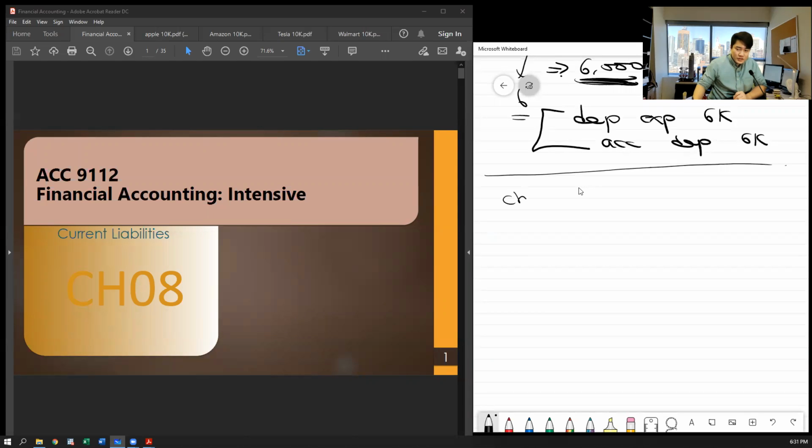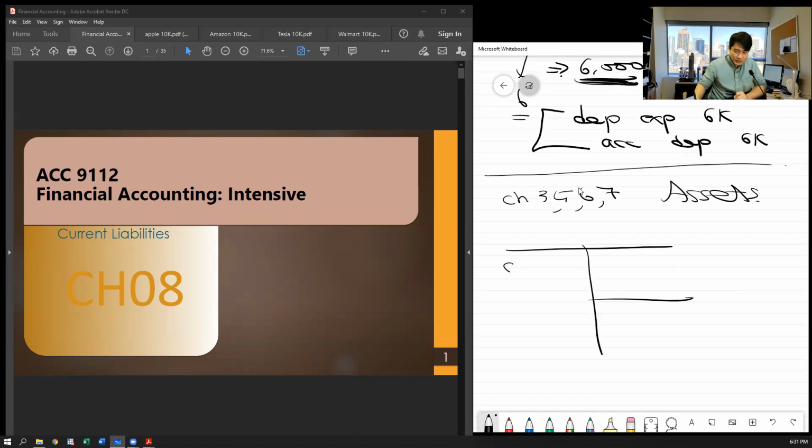For chapters 3, 5, 6, and 7, we talked about assets. In the balance sheet, we had current assets and non-current assets, and we are pretty much done with the basics of the assets and the different types of transactions that affect the left-hand side of the balance sheet.